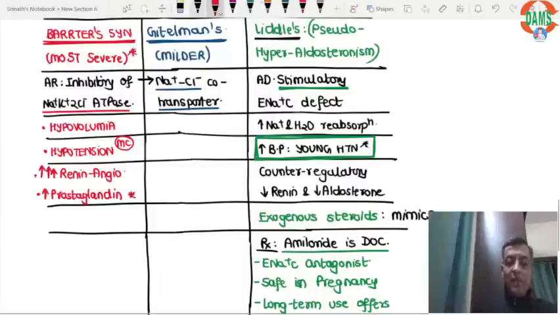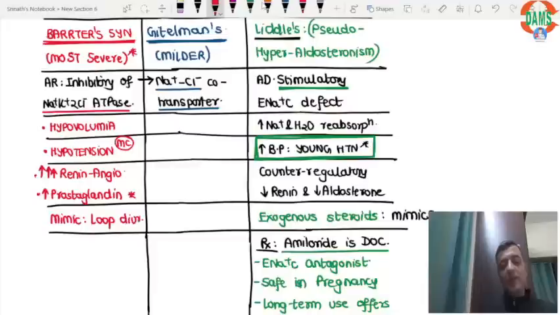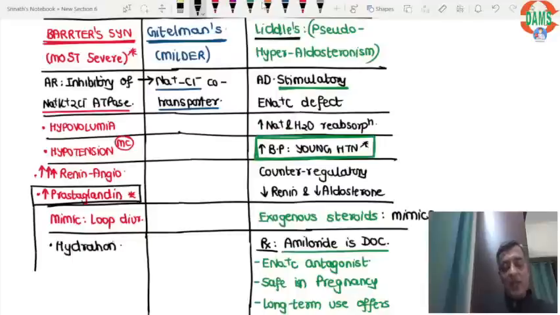Which drug mimics Bartter's syndrome? The mimic is the loop diuretic. But in the treatment, along with hydration, what is important to do? To negate the elevated prostaglandin. They are responsive to NSAIDs.